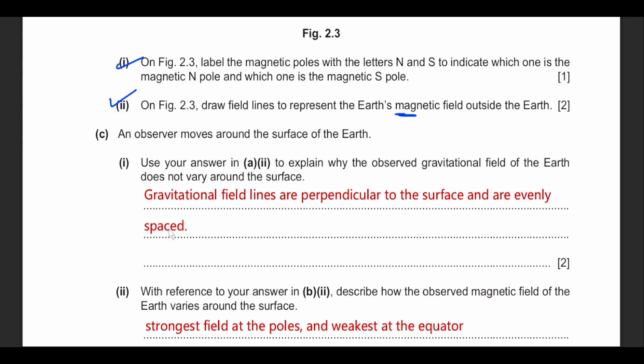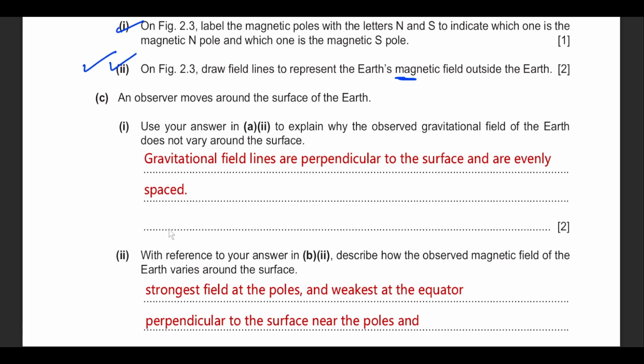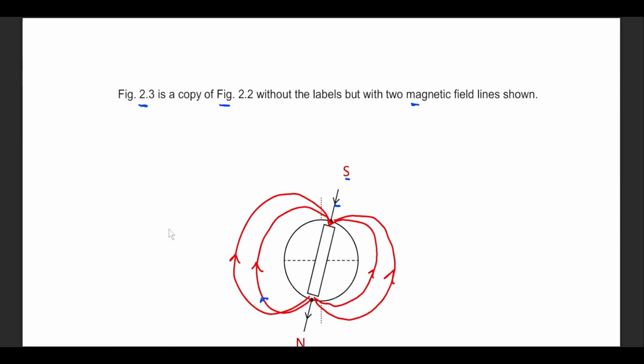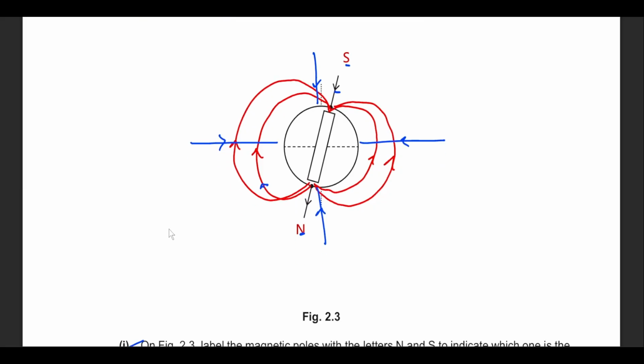An observer moves around the surface of the Earth. Use your answer in A2 to explain why the observed gravitational field of the Earth does not vary around the surface. You see, the gravitational field lines are like this. They are radial. Since they are radial, they are uniform around all the surfaces.